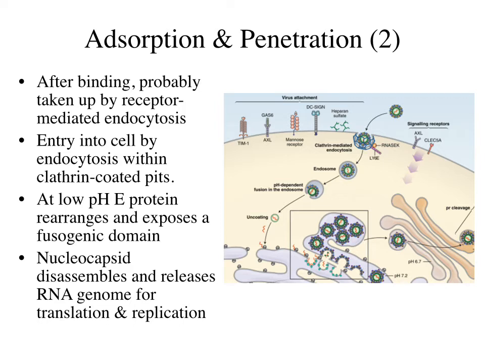And that allows the virus envelope to bind to the envelope of the endosome, and that allows for the nucleocapsid to be released into the cytoplasm. Once the nucleocapsid is released, then we have uncoating, and the RNA genome is released into the cytoplasm for translation and replication.